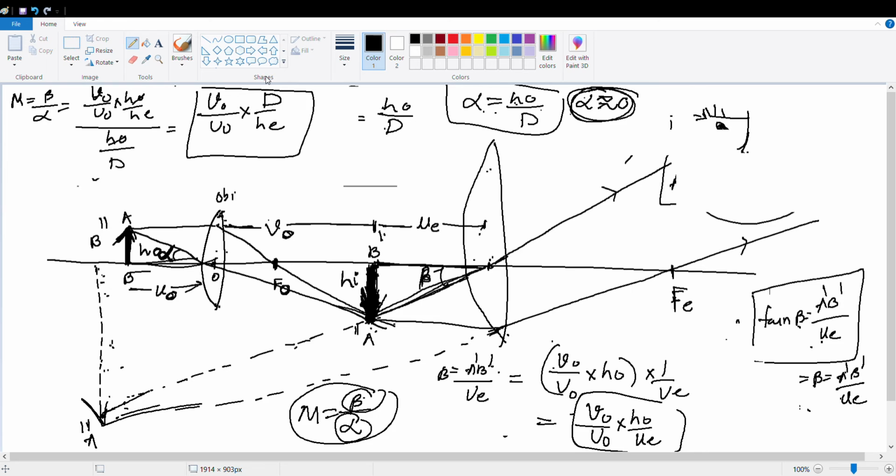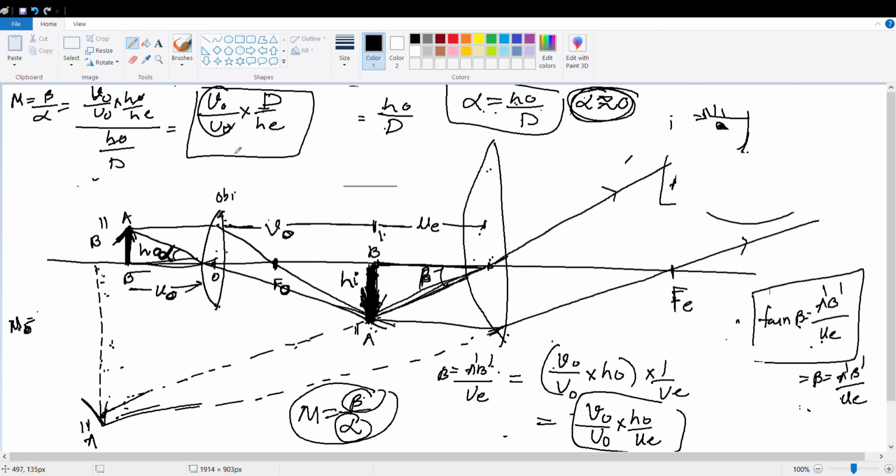Understood? Yes, sir. So now if you visualize, what is V naught by U naught? At the start we wrote V naught by U naught equal to MO, magnification of the objective lens. Yes or no? Yes, sir. Similarly, what is D by UE?